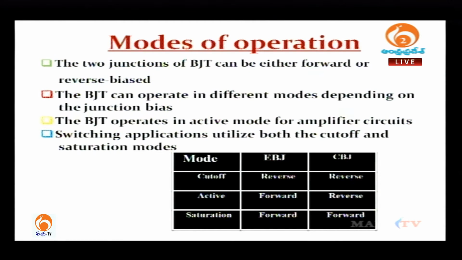In cutoff mode, both the emitter base junction and collector base junction are reverse biased, whereas in active mode, the emitter base junction is forward biased and the collector base junction is reverse biased. In saturation mode, both the junctions are forward biased. Cutoff mode and saturation mode are applied in switching circuits, whereas for amplification purposes we make use of active mode.